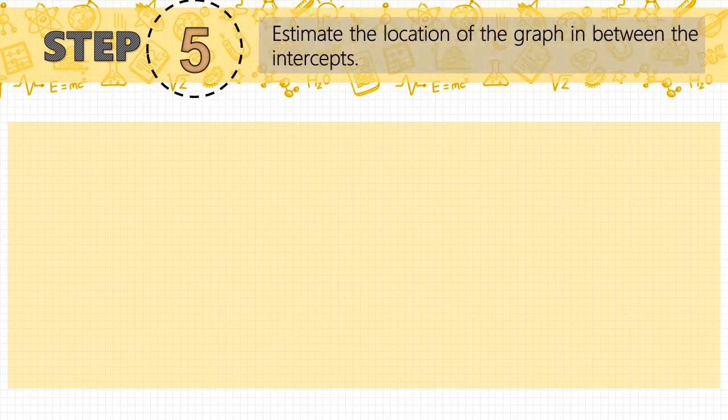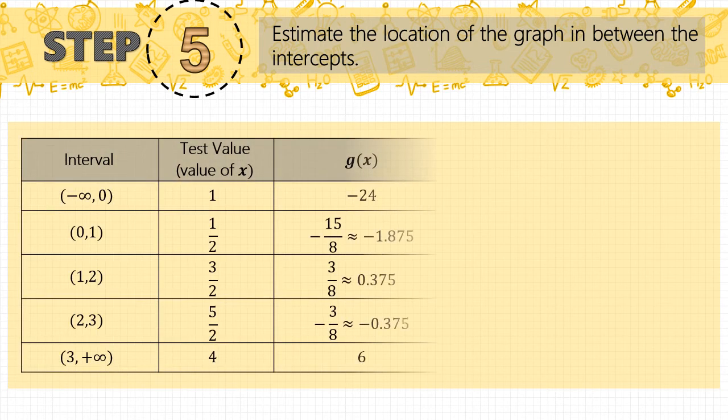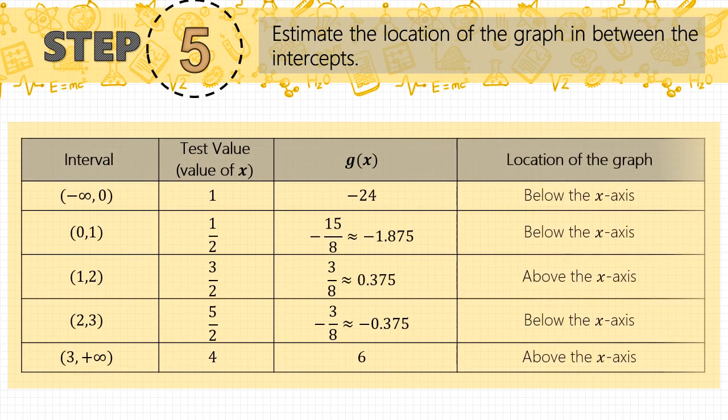Step 5. Estimate the location of the graph in between the intercepts. Considering the x-intercepts of the function, there will be 5 intervals on the x-axis, which are from negative infinity up to 0, from 0 to 1, from 1 to 2, from 2 to 3, and from 3 up to positive infinity.